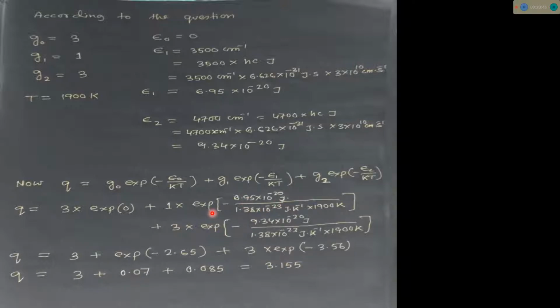And for this third term, g2 means the degeneracy is 3, and epsilon 2 we calculated as 9.34 into 10 to the power minus 20 joule. So it is again 9.34 into 10 to the minus 20 joule, over 1.38 into 10 to the minus 23 joule per Kelvin, times 1900 Kelvin.